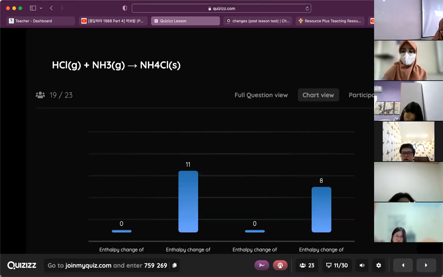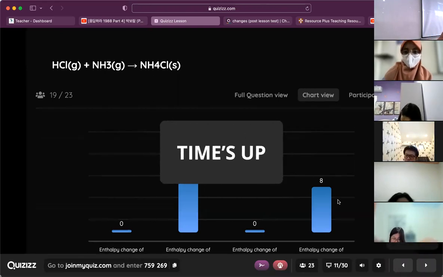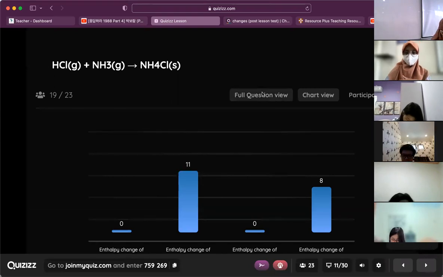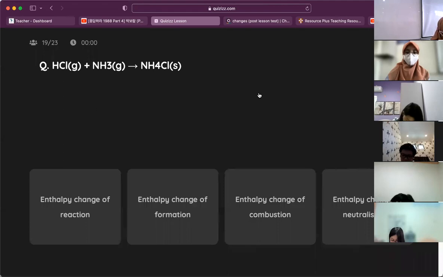You may change your answer. Oh, but time's up. Okay, let's go back. Some of you are answering the second and the fourth: enthalpy change of formation, and some are answering enthalpy change of neutralization. Okay, let's have a look at the question. Hydrochloric acid in the gaseous state, NH3 ammonia in the gaseous state, and NH4Cl in the solid state.